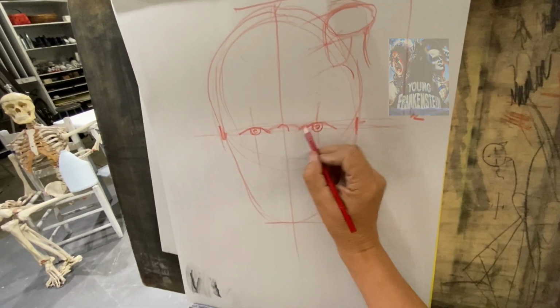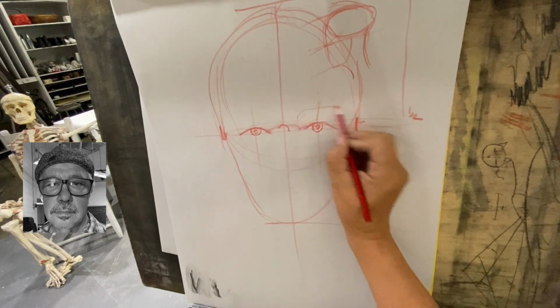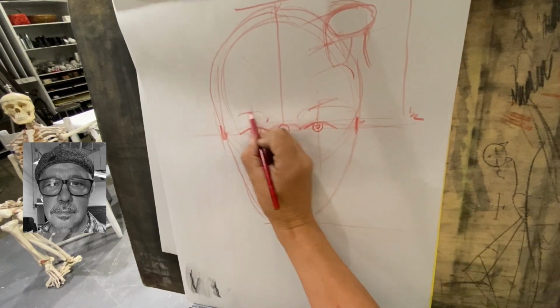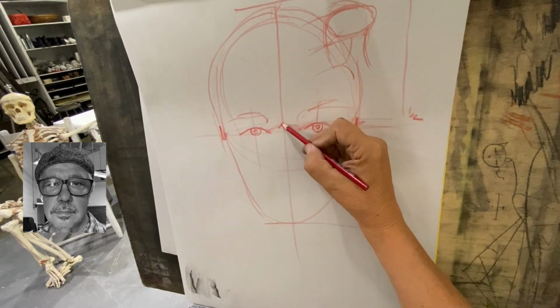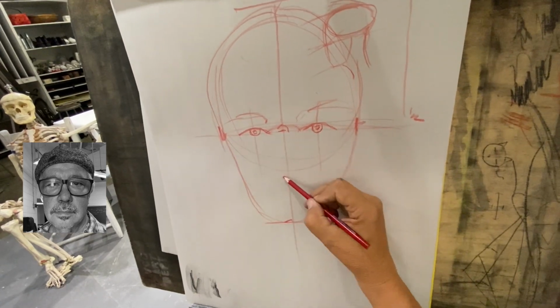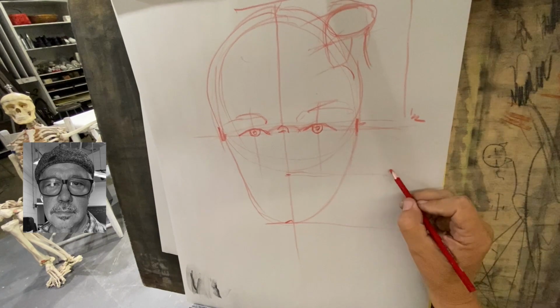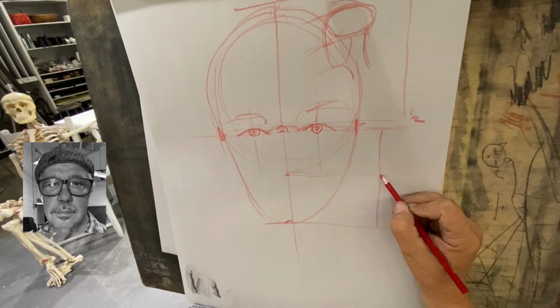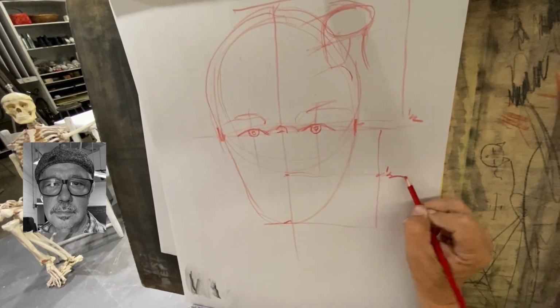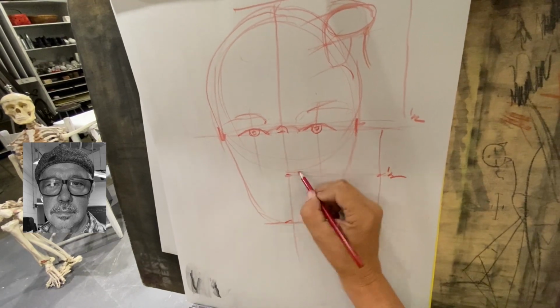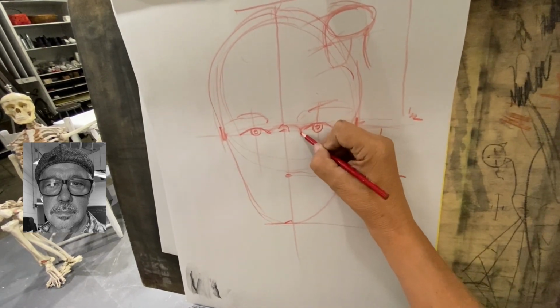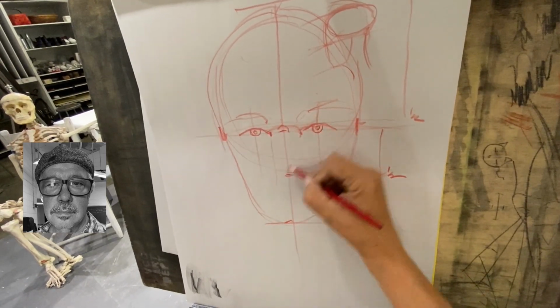so I find where my eyes are halfway, and that means my eyebrows are going to be up in here somewhere. And then from here to here, halfway, is the base of the nose. And then the nose is usually from the corners of the eyes.